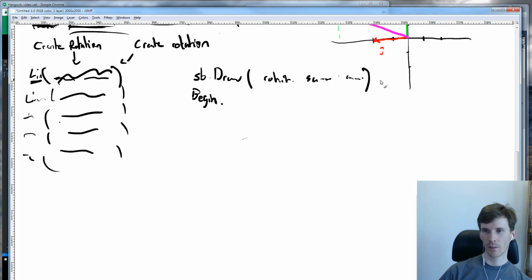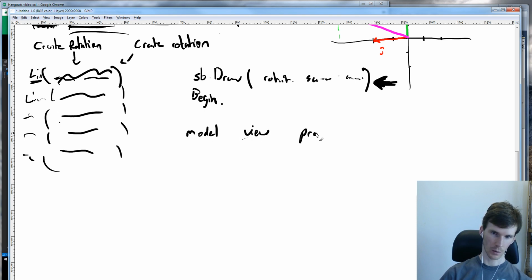Well, the thing with this one, and this is getting into something, is that the 3D equivalent of this is you have a model matrix, a view matrix, and a projection matrix.